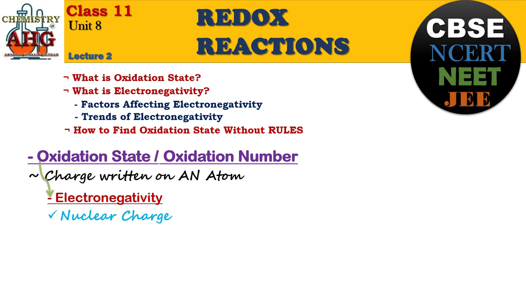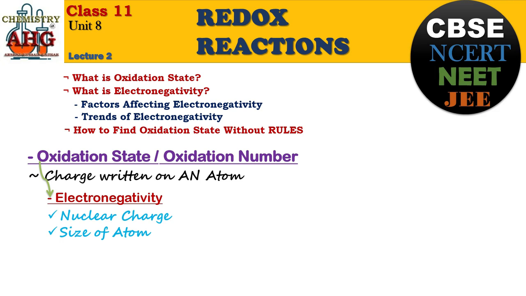The other factor on which electronegativity depends is the size or radius of an atom. How can you get to know which element has a small radius or which element has a larger size? It is very simple.